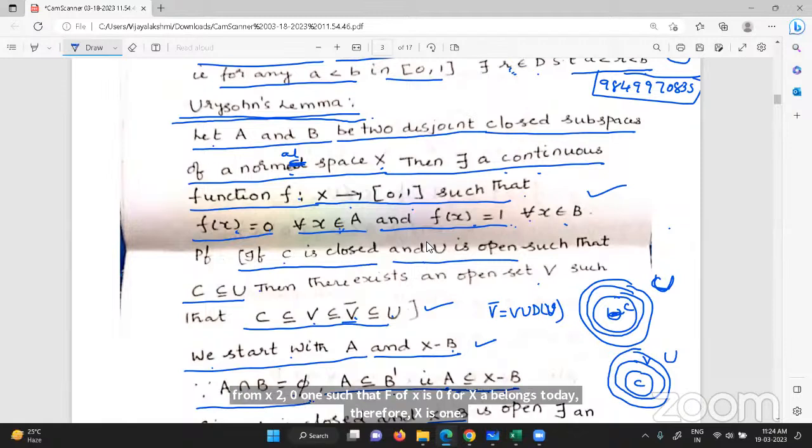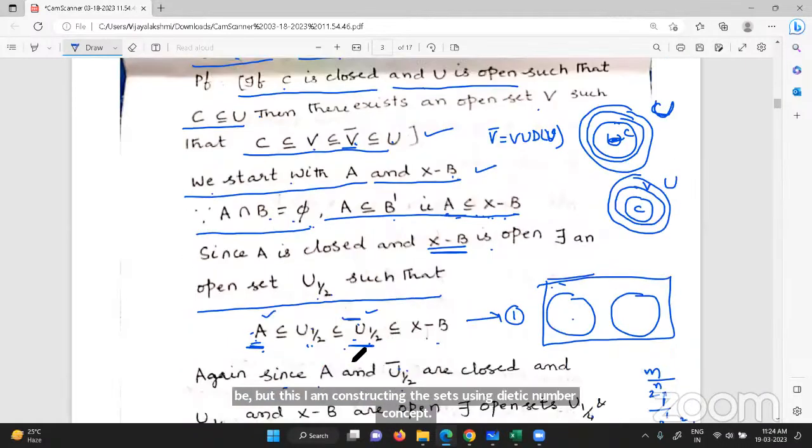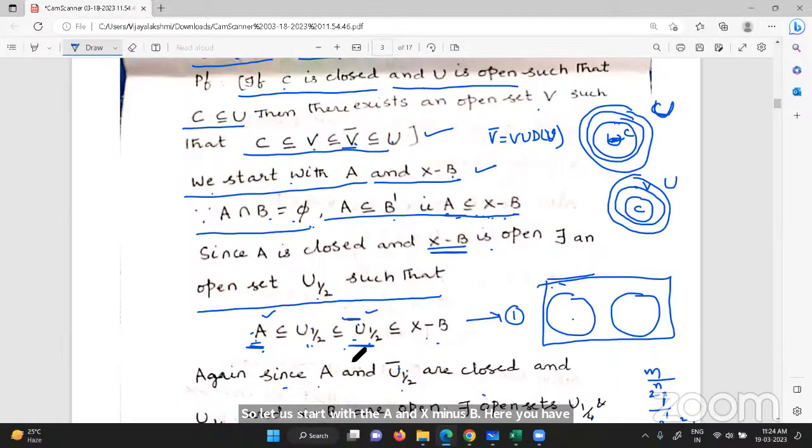For this, I am constructing the sets using the dyadic number concept. So let us start with A and X minus B. Here you have X, A is closed and B is closed, means X minus B is open.